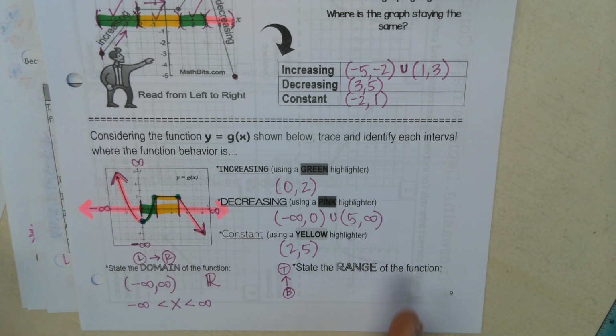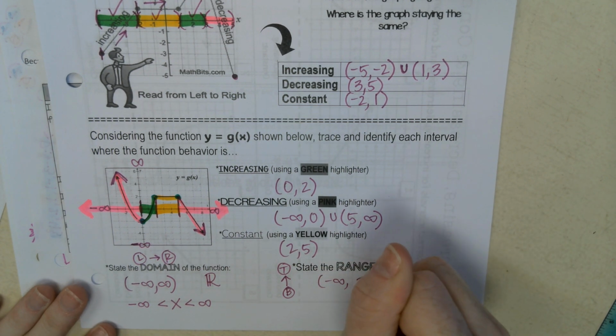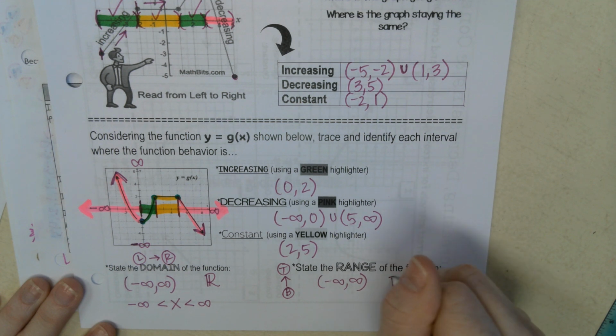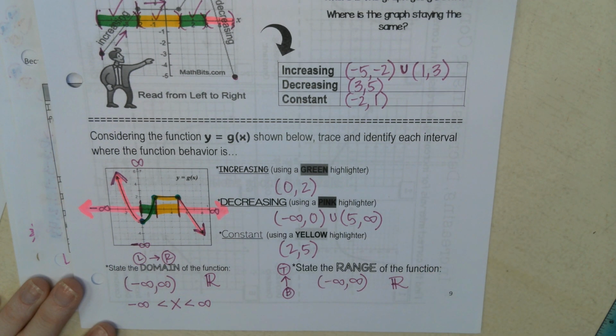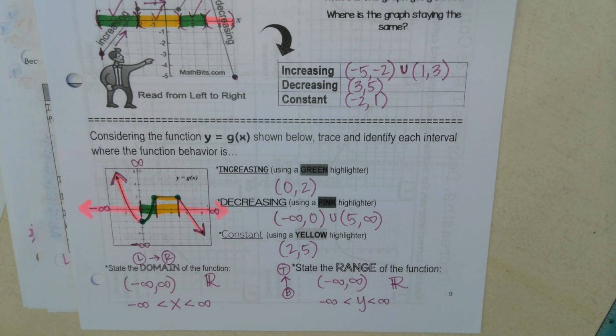So is there any y value that's not covered? No. I can say my range goes from negative infinity to positive infinity. I could say all real numbers. Remember, range is our y values, so we could say that our y values fall between negative and positive infinity, which basically means it goes on and on and on.